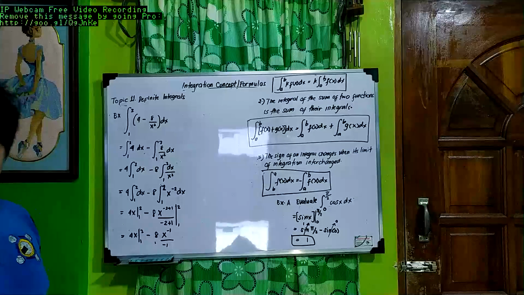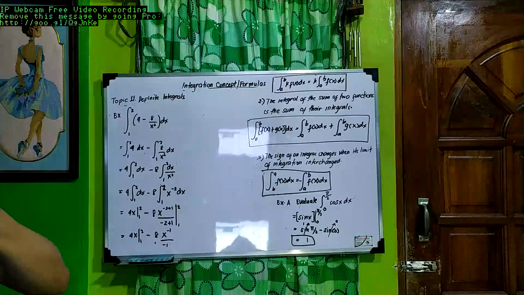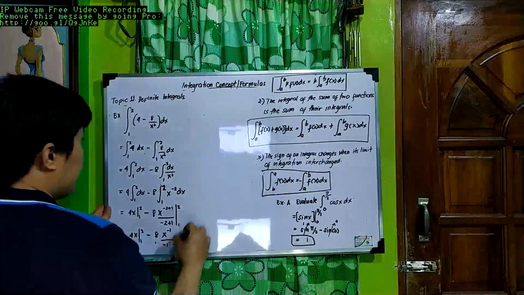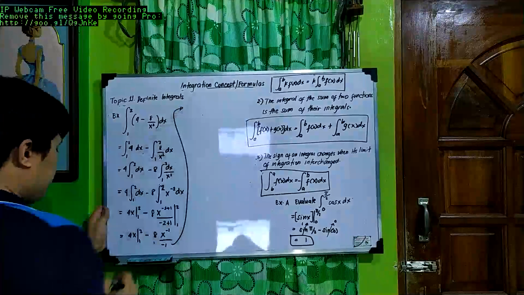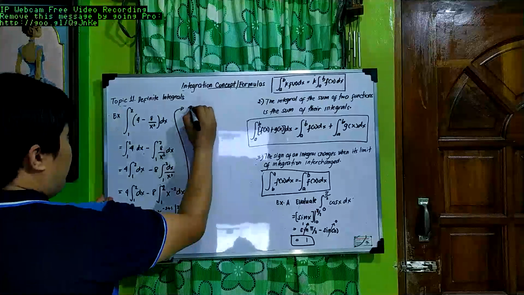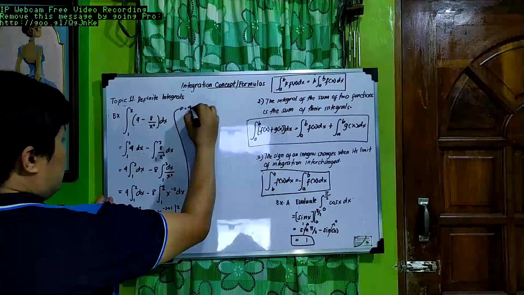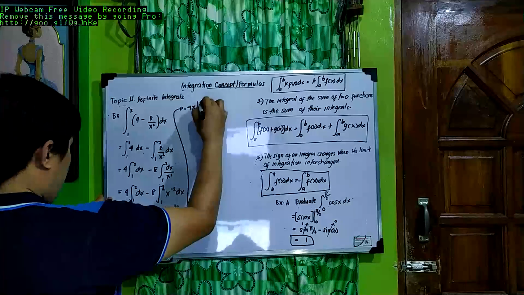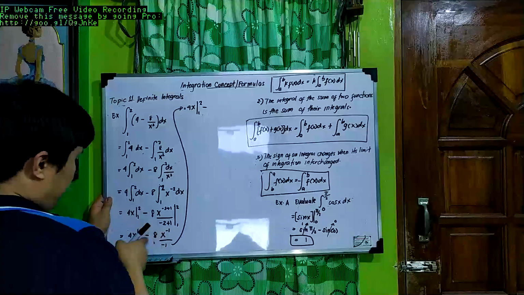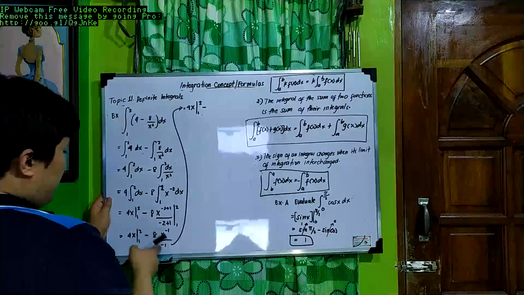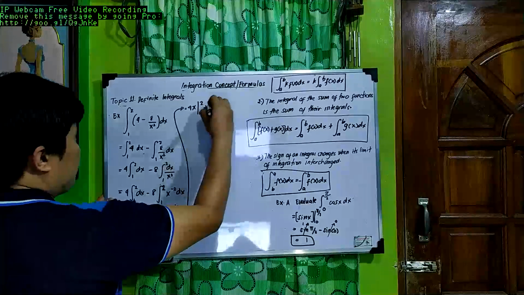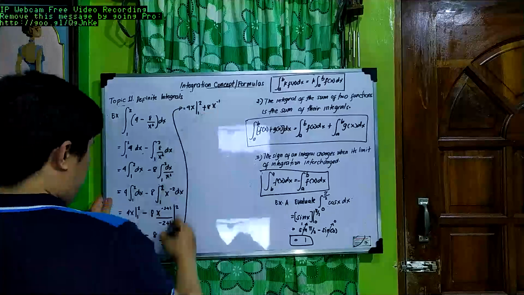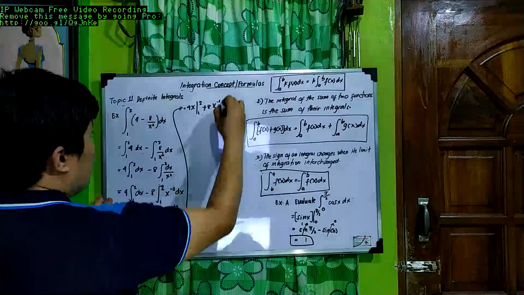So we have negative 1 there. So from there, let's continue. We have 4x, 1 to 2, negative times negative 8 times negative 1, that is positive 8 x raised to the power of negative 1, limits from 1 to 2.